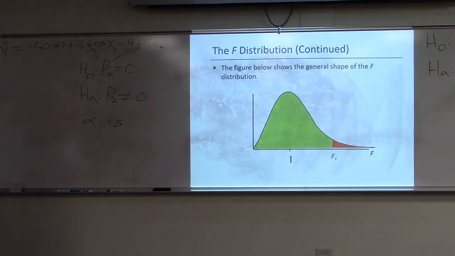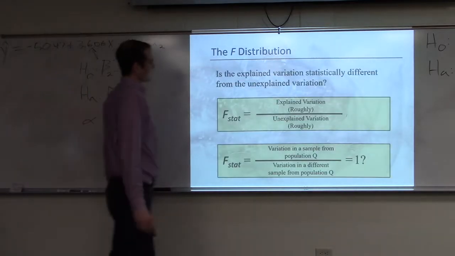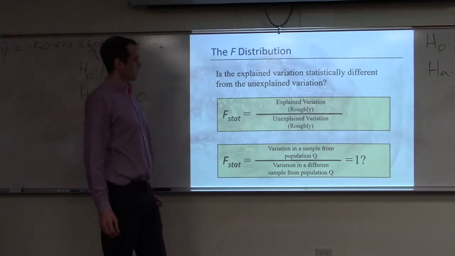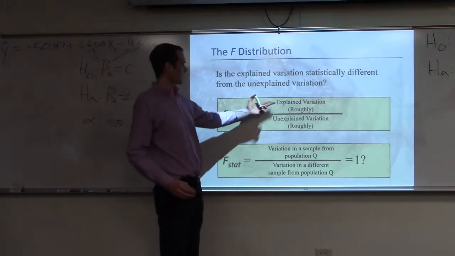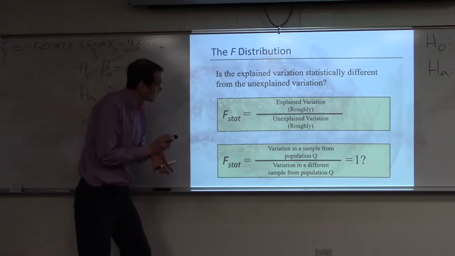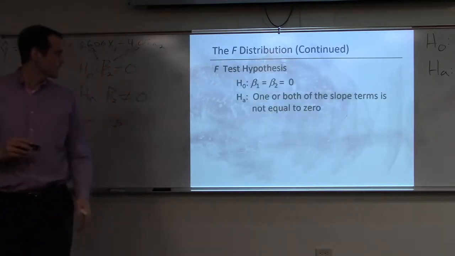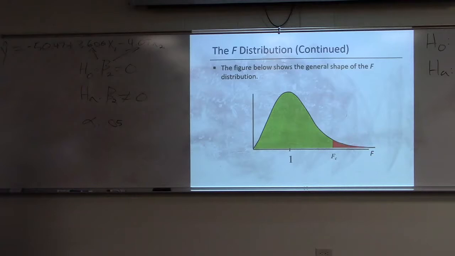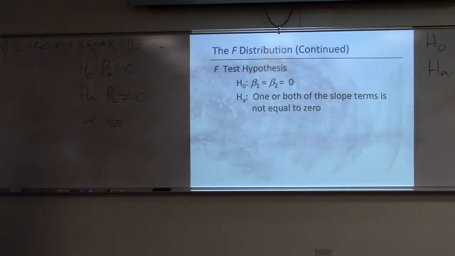Okay, can you say it one more time? So we would expect, all right, so we're trying to compare explained variation to unexplained variation. All right, actually let's do this, Monty. Let me show you how to read the F distribution really quickly.